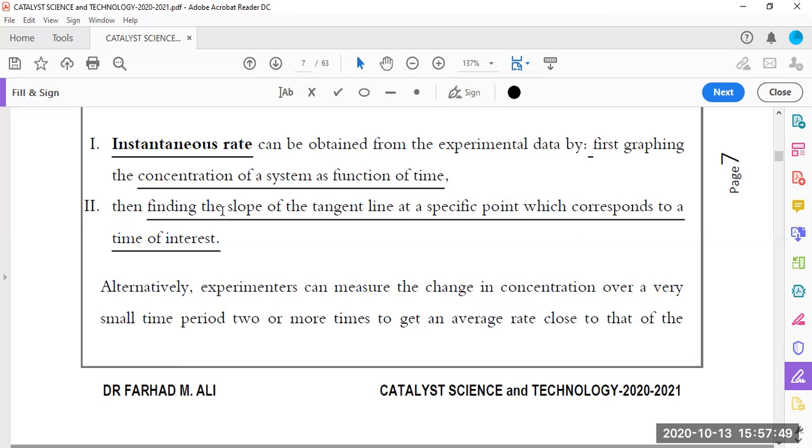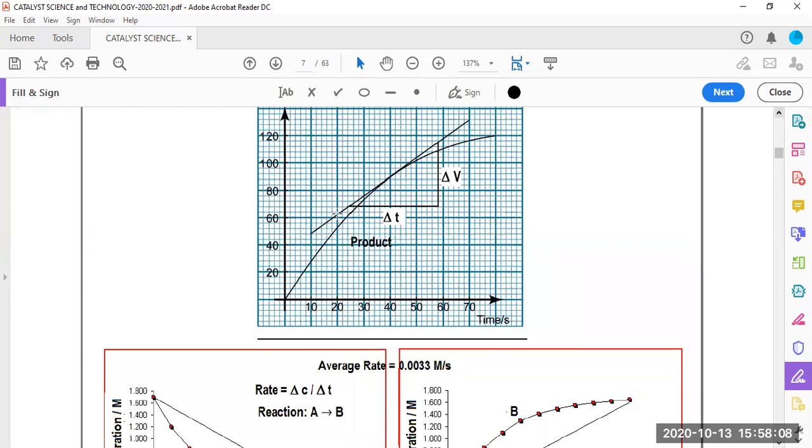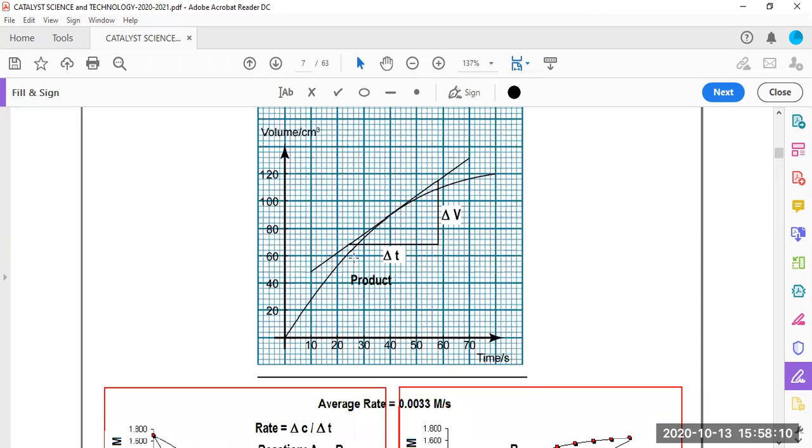So the slope of the tangent line, you need to find out the slope, where at a specific point, which corresponds to a time of interest. Okay? For example, if you want it at this point, of course, the slope for the line will be different.